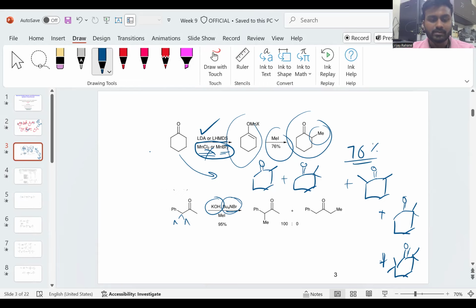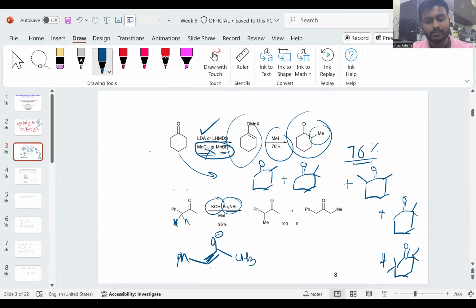Why is this? This alpha position is, first of all, more active compared to this one, because of the enolate formed in this case, which is this phenyl, right? This is the enolate that gets formed, O minus and methyl.